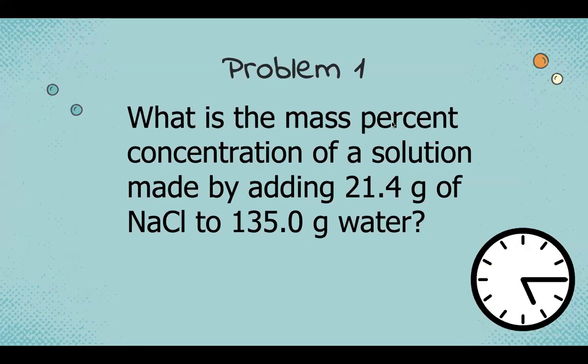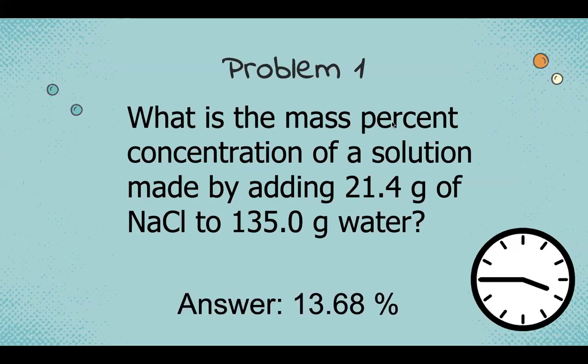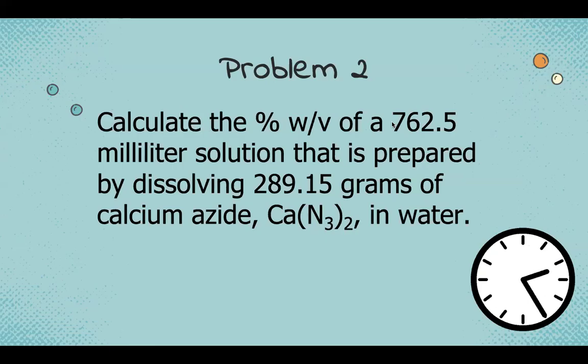So using the formula for mass percent, 21.4 grams divided by the total grams or mass of the solute and solvent. So we have to add 21.4 and 135. So the final answer is 13.68%.